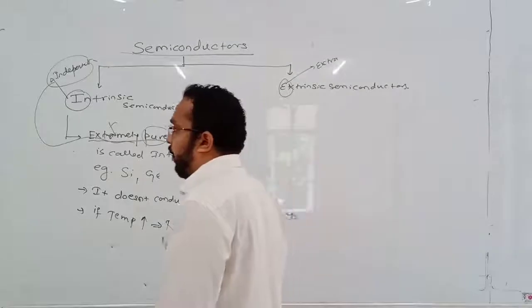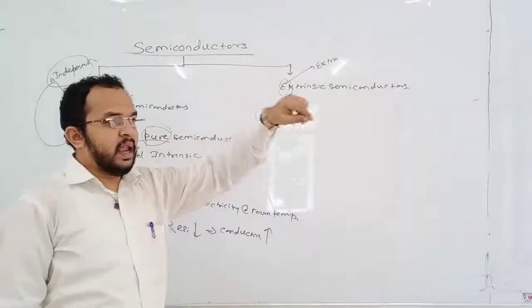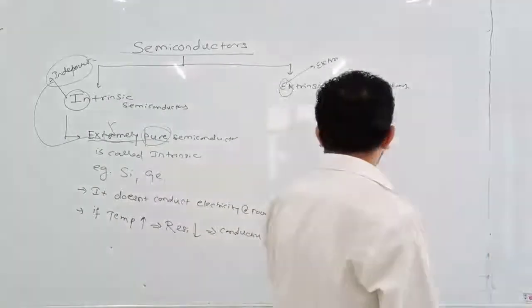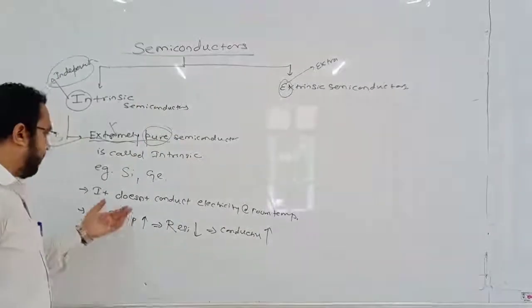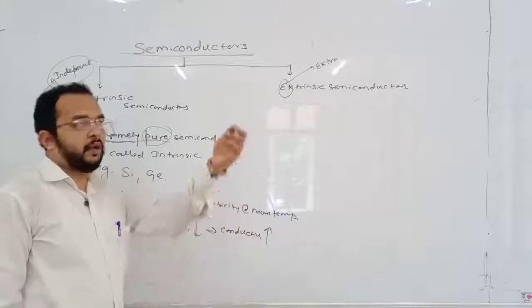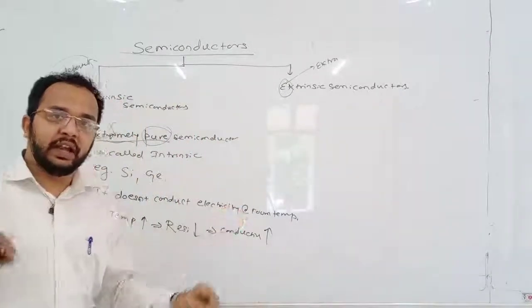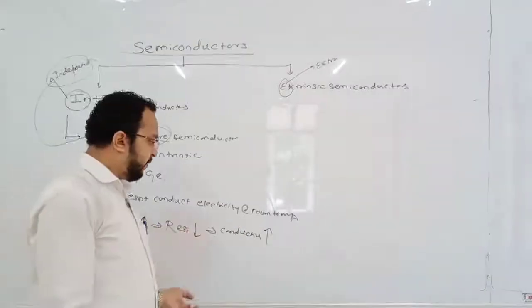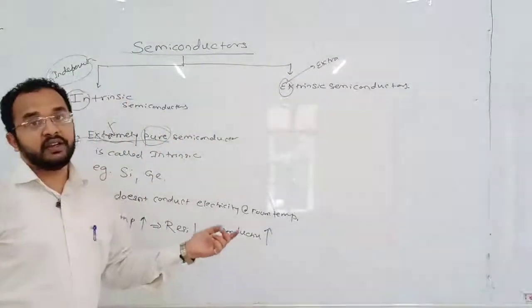Instead of metal wires, if I use a pure semiconductor, it doesn't conduct electricity at room temperature. That means it will not conduct electricity, first point. Now to make it conduct, we need to increase its temperature so that resistance will decrease, and then its conductivity will increase.